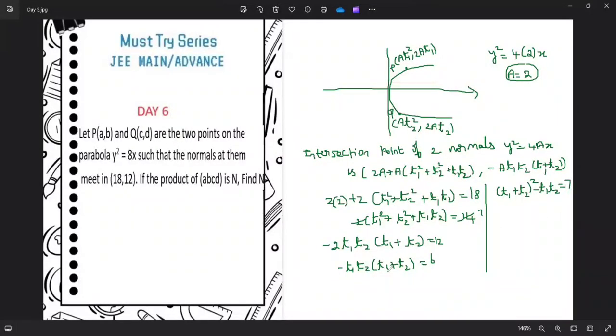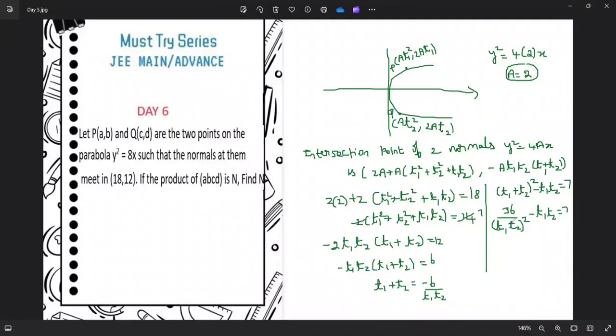Here also we have information about t1 plus t2. This t1 plus t2 can be written as minus 6 by t1 into t2. If you replace this information over here, after squaring, it's going to come 36 by (t1 into t2) the whole square, minus t1 into t2 equal to 7.